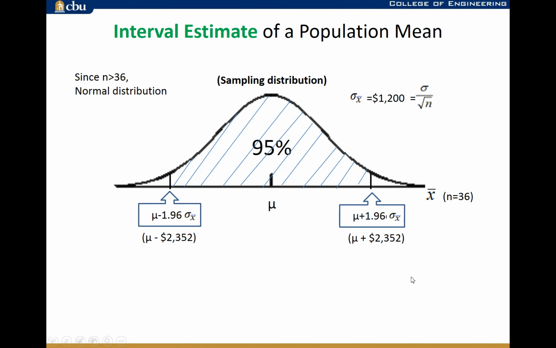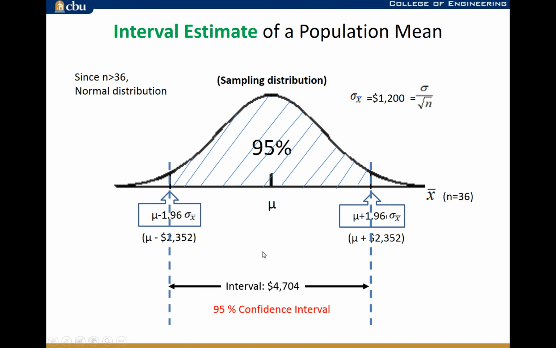So you will know that the data range, we call it the interval estimate, is about 1.96 standard deviations of errors above and 1.96 standard deviations below. So this is the range of the data which we find out, right?